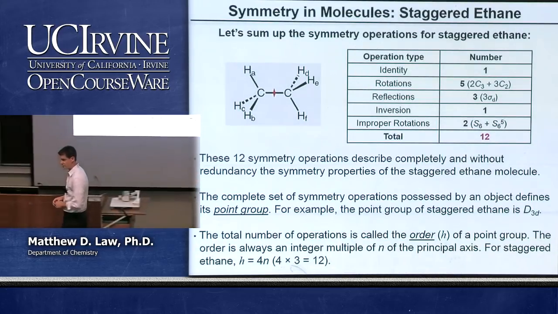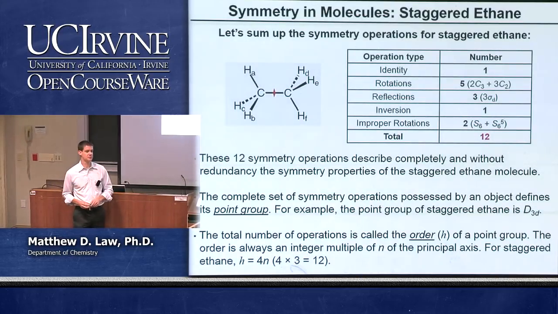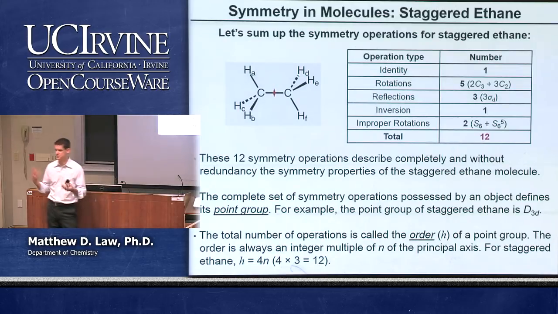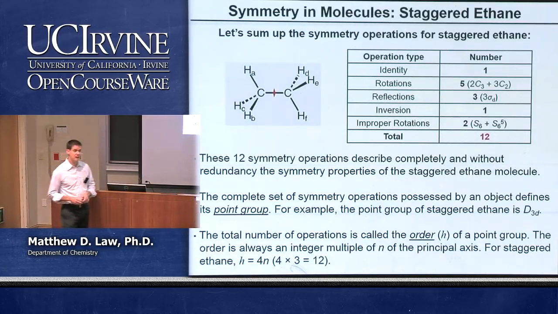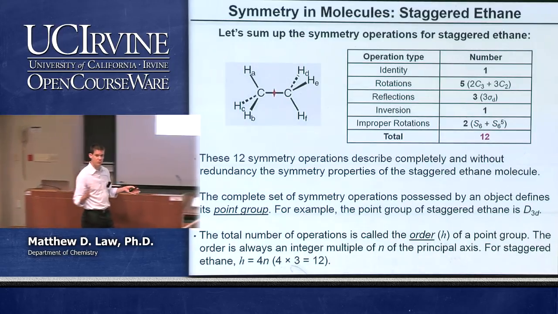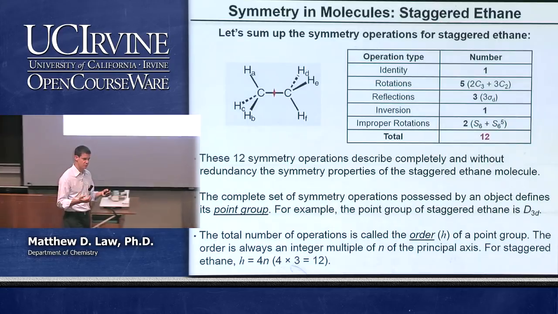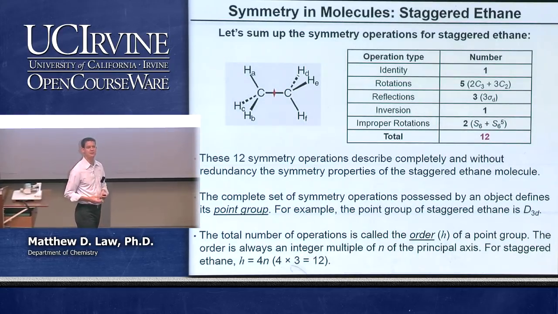All right. Are there any questions about this so far? So this is our first real molecular example. We have shown actually a fairly complicated point group as far as it goes, because there's 12 operations. That's a fairly reasonable number of operations. What we want to do now is lay out the landscape for what all point groups look like, okay? Categorize the point groups, and describe a procedure by which we can assign point groups rapidly.